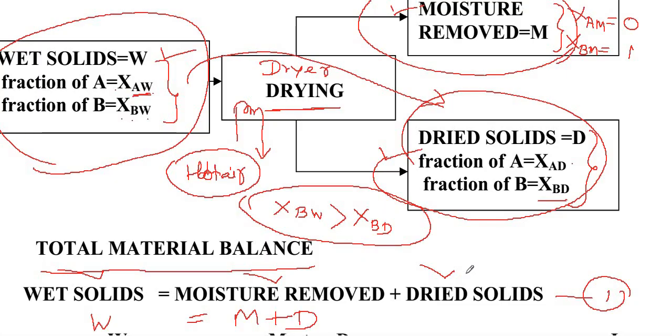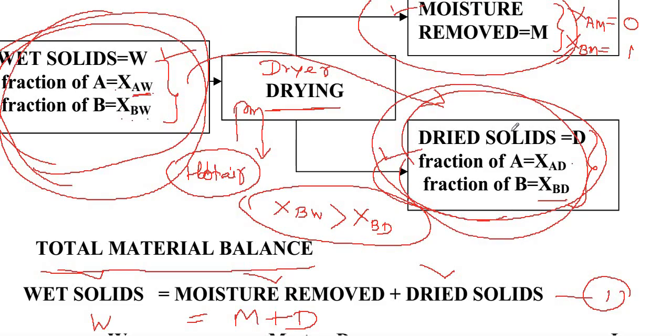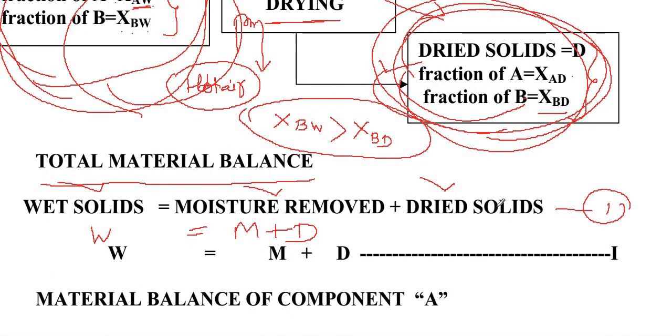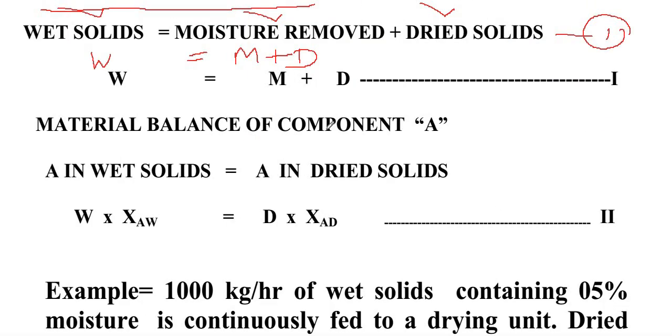Now coming to the second material balance equation. The second material balance is the component material balance, and here we will take the component material balance of solid. Whatever solids are in the wet solid, all solids will go to the dried solid. So we write the second material balance equation, where component A is nothing but the solid.